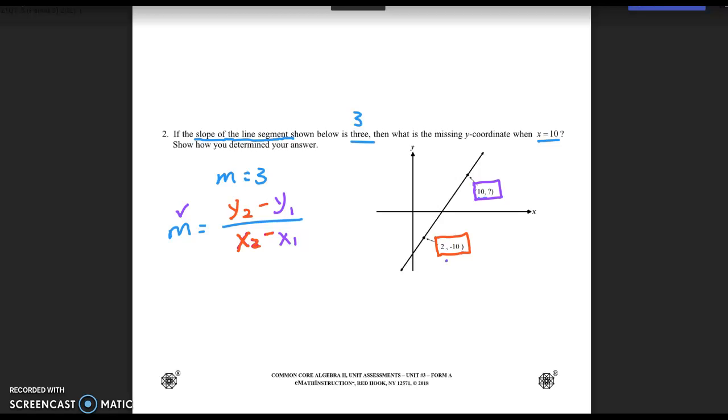We can assign this as x1, y1, and this as x2, y2, right? So can you find the missing y? Of course. You have everything you need, don't you? Don't you have y2? Don't you have x2? Don't you have x1? You also have the slope. Okay, so I'm going to let you guys figure out the rest.